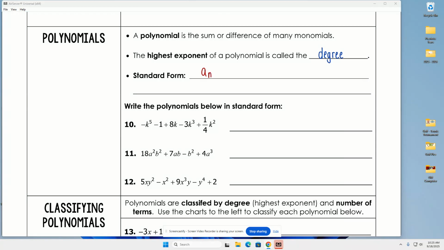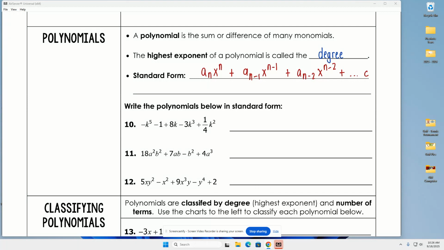A sub n x raised to the n power plus a sub n minus 1 x raised to the n minus 1 plus a sub n minus 2 x raised to the n minus 2 power plus dot dot dot c.